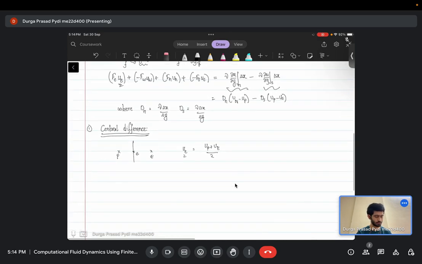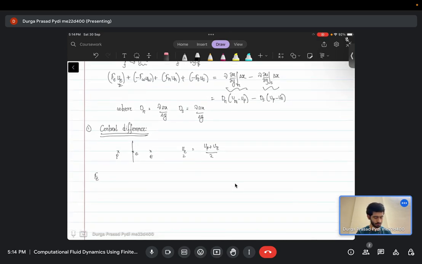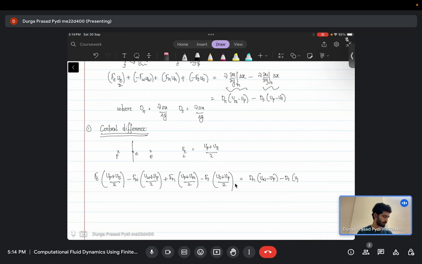If you were to replace those in my original equations, the equations become Fe times (up plus ue) by 2, and so on, minus D south times (up minus us).